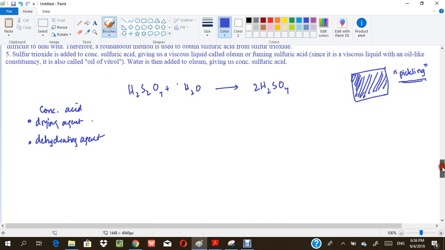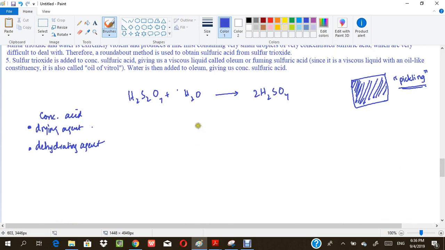Similarly, if I have copper sulfate crystals, the formula is CuSO4, and this is combined with 5 molecules of water. These 5 molecules of water are called the water of crystallization, and this water is essential to give this copper sulfate a crystal-like appearance.